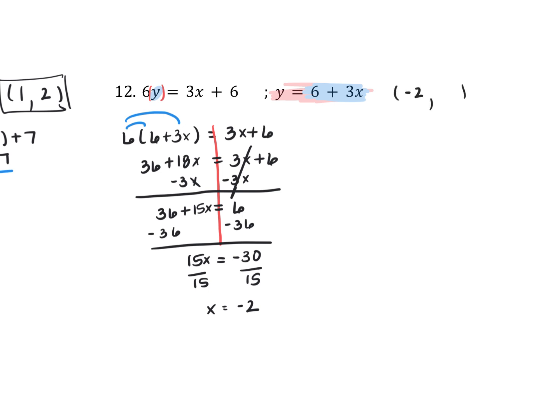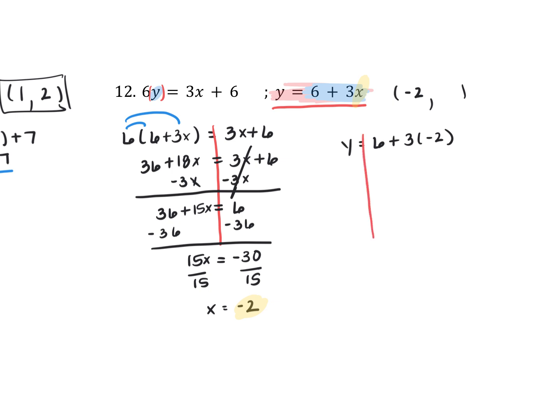So now I need to find my y. Well, remember that this says y equals, so if I take this x and I plug it where the x is right here, that will solve for my y. So I'm going to say y equals 6 plus 3, parenthesis, negative 2, close my parenthesis.